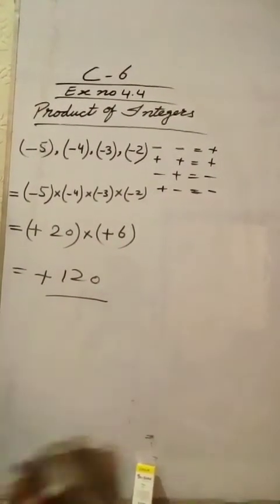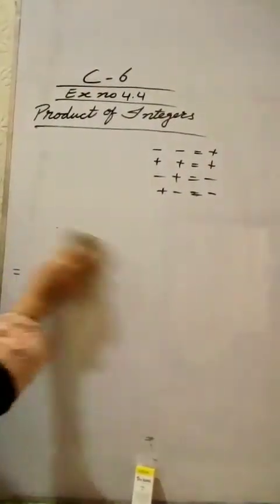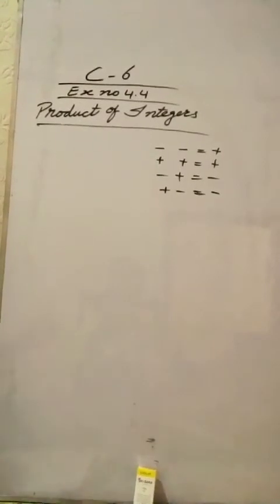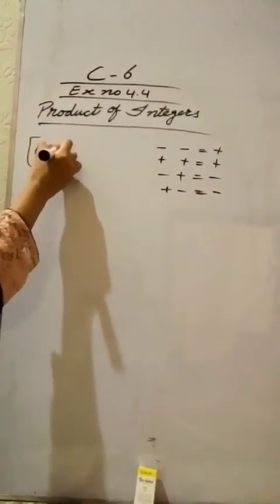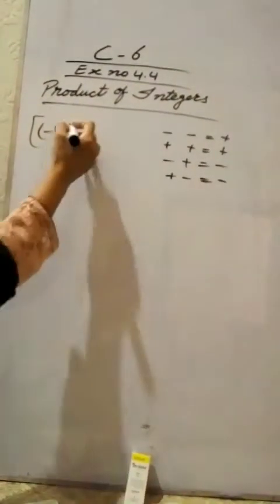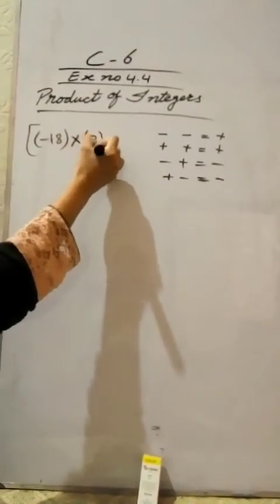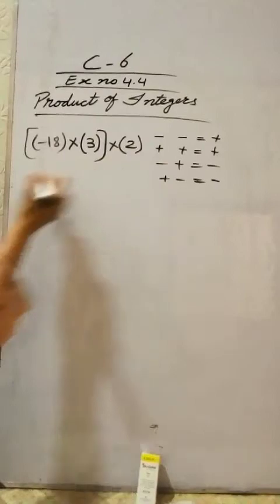Now take another question. Let's see, we have a question: minus 18 multiplied by 3 in a bracket, and then multiplied by 2.